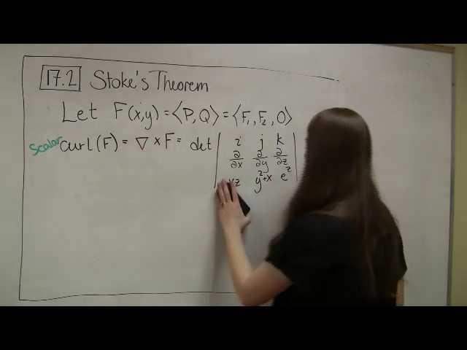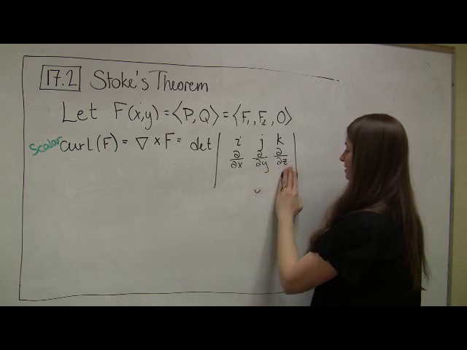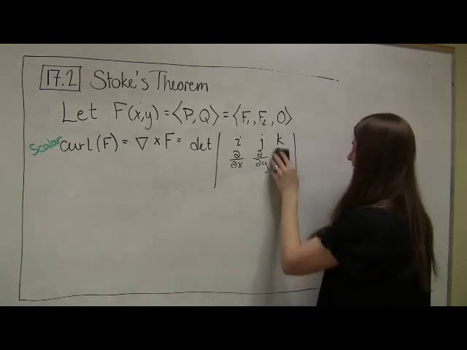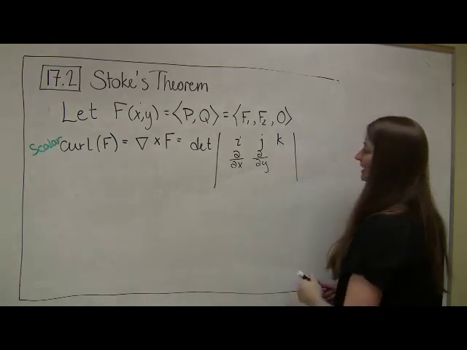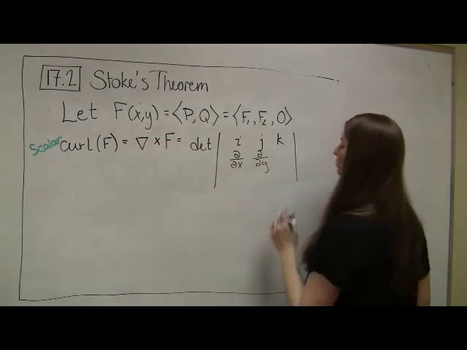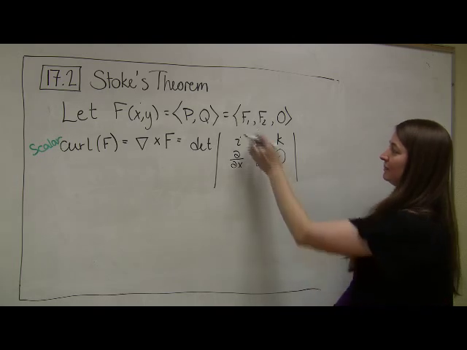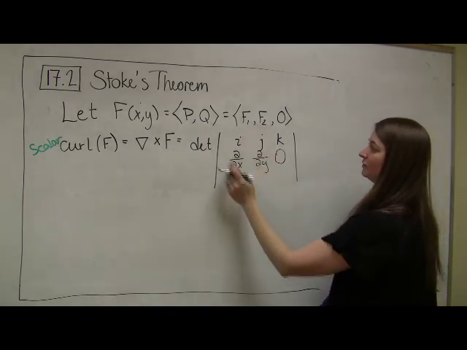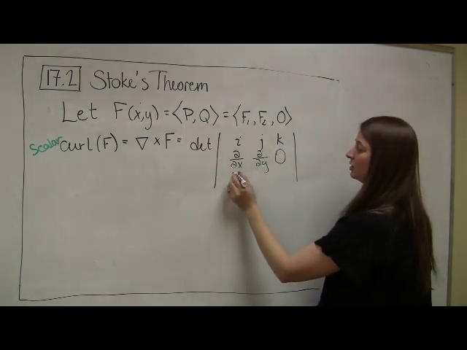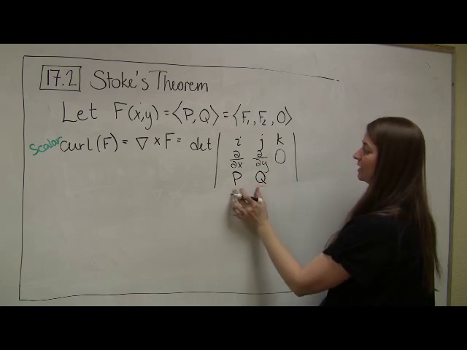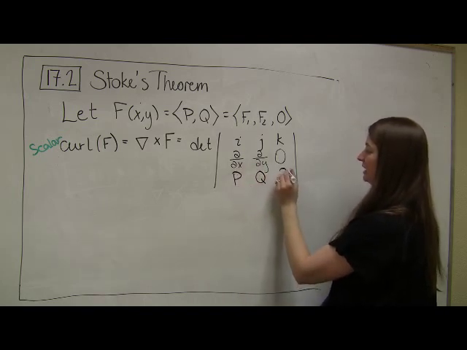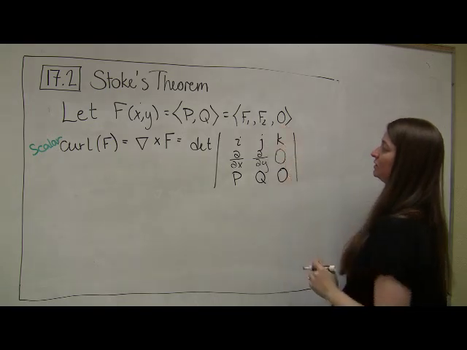The only difference is that because this is a function of just x and y, my z's are just 0. My first component function and second component function, I could still call P and Q, because that's going to align with our scalar curl notation that we saw before. And our third component is just equal to 0.